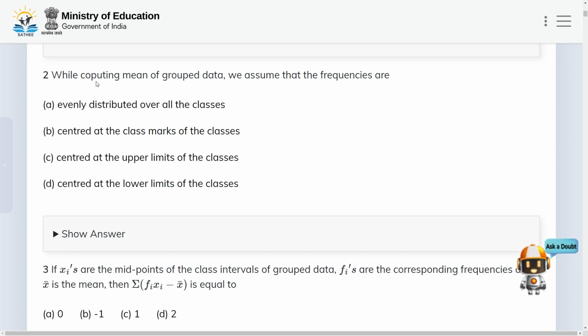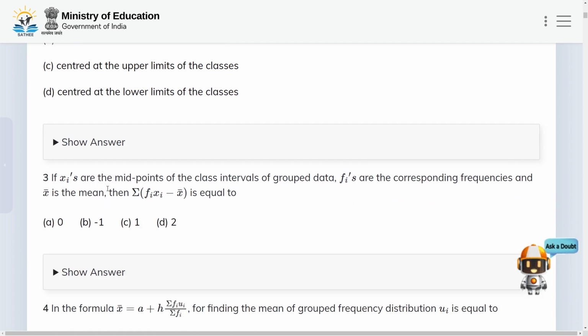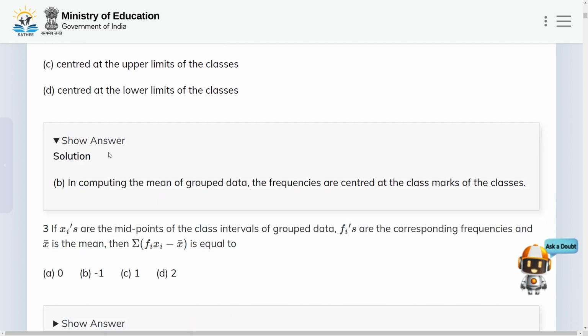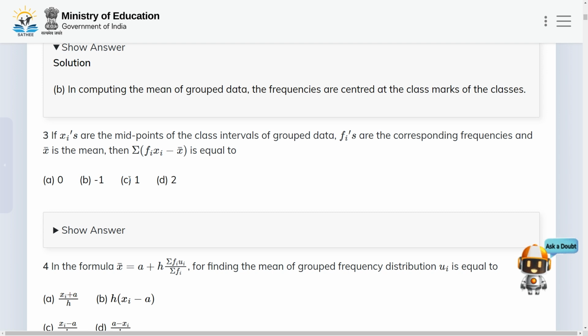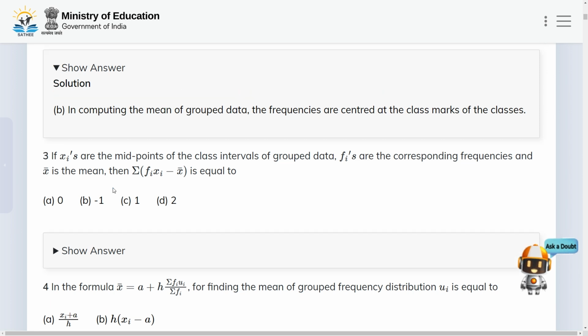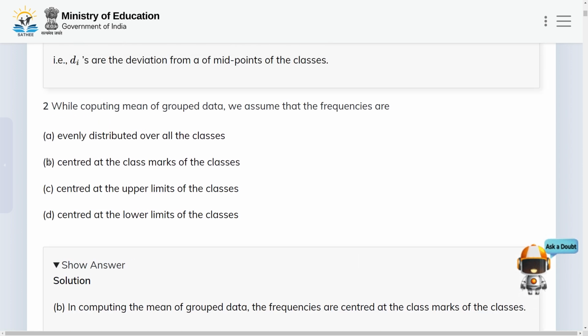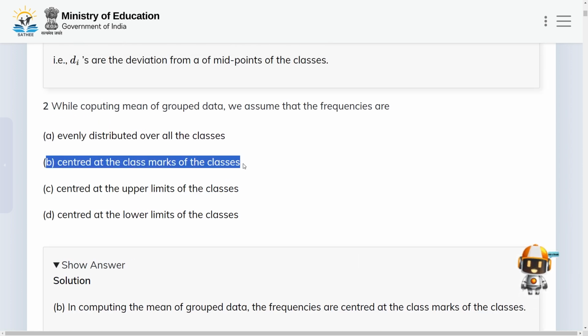Okay, so let us see the answer. In computing the mean of grouped data, the frequencies are centered at the class marks of the classes. So here option number B is the correct answer.